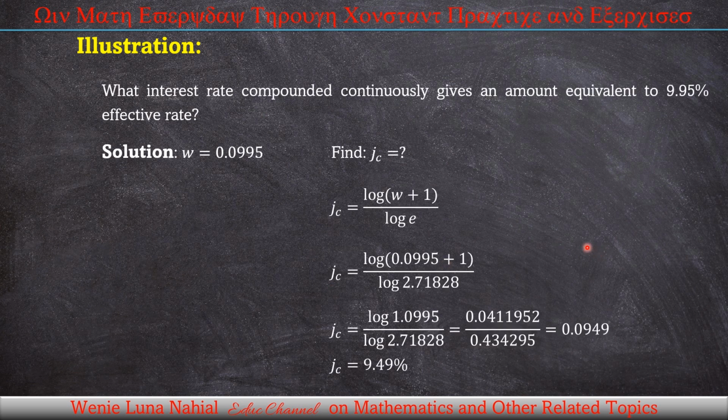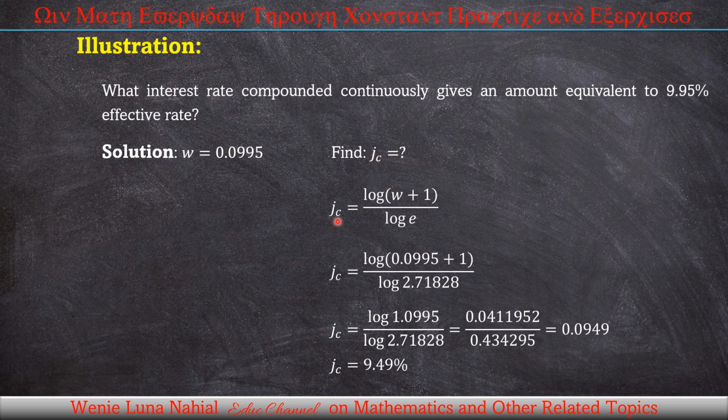Another illustration: what interest rate compounded continuously gives an amount equivalent to a 9.95% effective rate? So we are looking for the nominal rate here. Find j sub c.